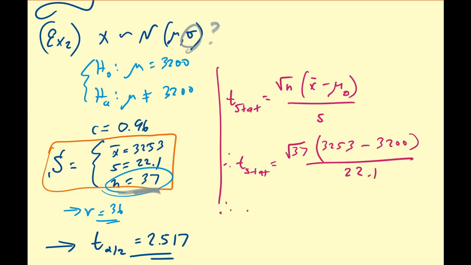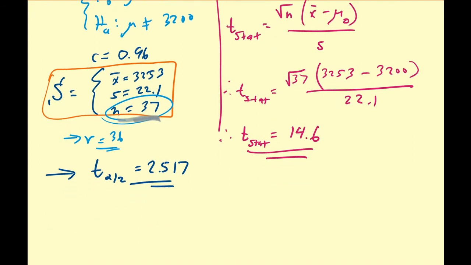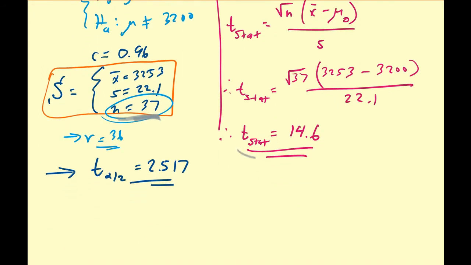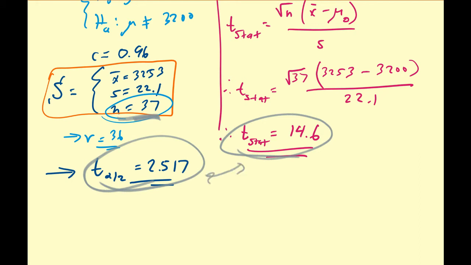Once you work out those calculations, you should get a test statistic of 14.6. Once you calculate your test statistic and your corresponding critical value, you're going to compare these two things to one another.